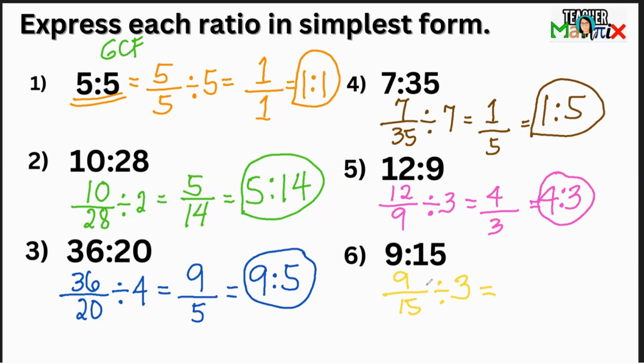So, of course, both numbers, the numerator and denominator, are divisible by 3. So, 9 divided by 3, we have 3. And 15 divided by 3, we have 5. Or, katulad din yun ng 3:5. That is now the final answer.